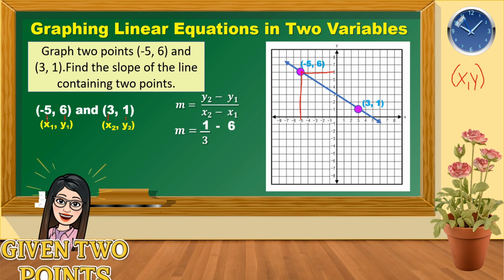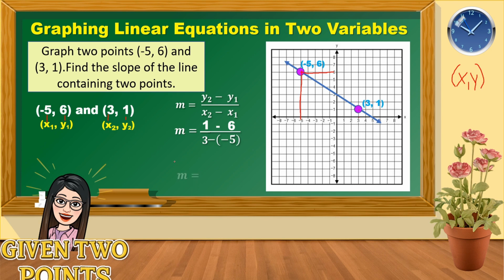So, ang x sub 1 natin is negative 5. So, minus negative 5. So, how do we write that? Minus negative 5. We have to put parenthesis kasi naging dalawa yung sign natin dito. Okay? So, mayroon tayong denominator na 3 minus the quantity of negative 5.